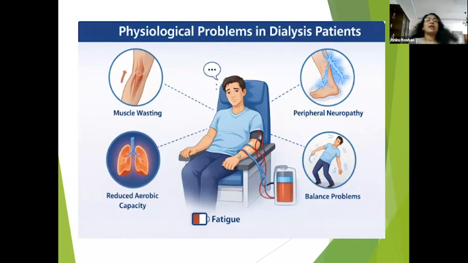The next one is balance problems. The patients keep telling us that they have balance issues. It can be related to any type of neuropathy. Since diabetes is one of the main reasons people end up on dialysis, that can also be one of the reasons, where proprioception is completely lost and patients have balance issues.